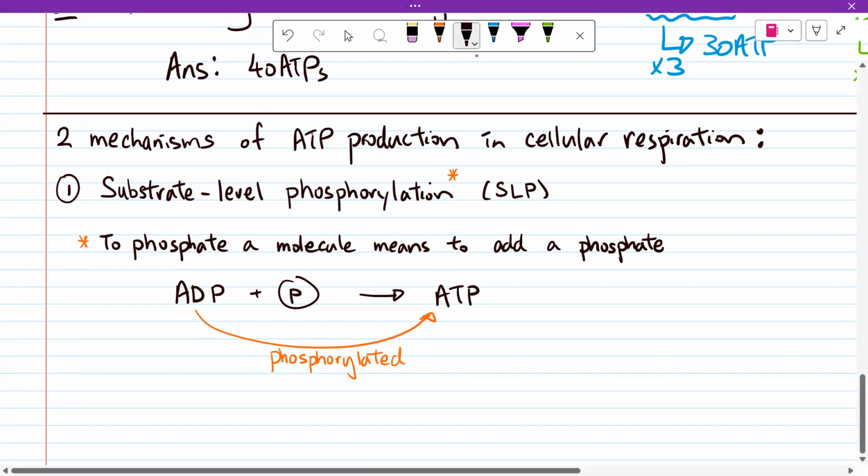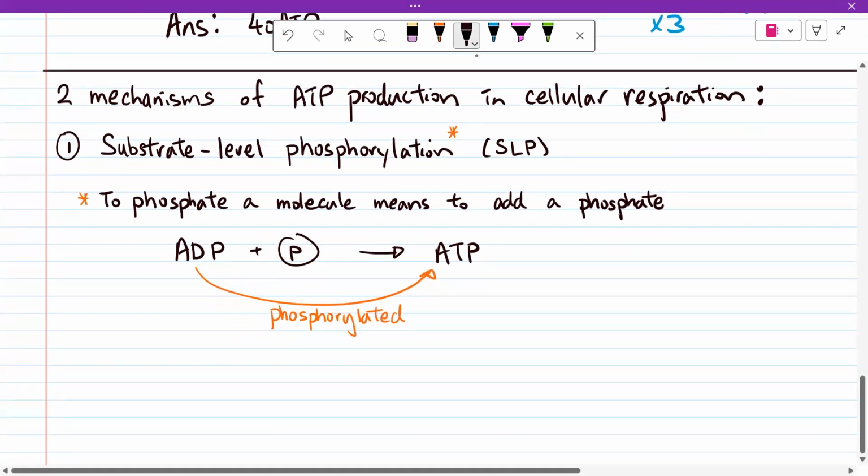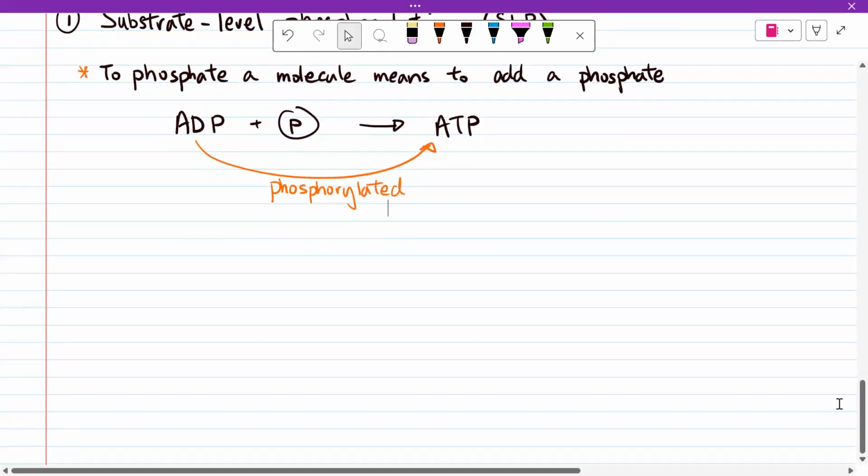Okay, I did not make up the word. It's a very long word. I know it's not very nice, but here we are. We have to learn it. So the ADP picks up a P, it gets phosphorylated. Right? So how does it happen? Well, one way of this happening is by substrate level phosphorylation. Okay, so what does that actually mean?